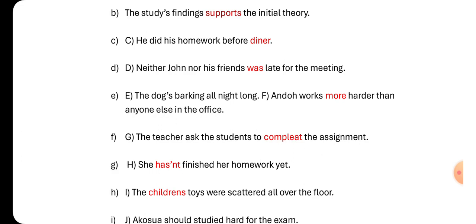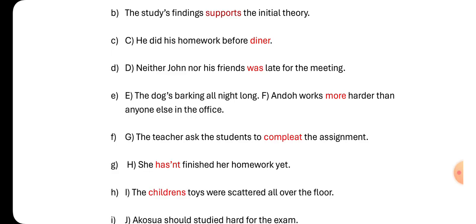The dog barks all the night long. So this is a problem of redundancy, as I discussed with you. The dog barks all the night long.